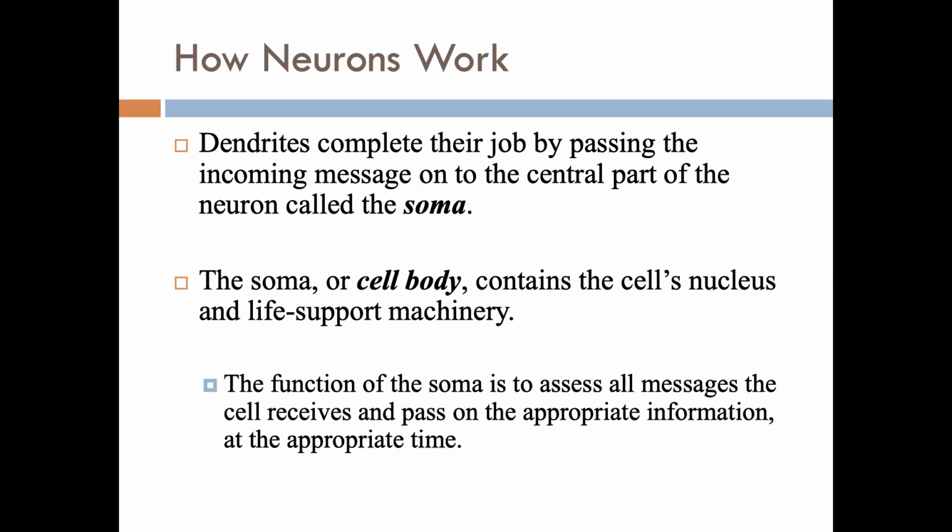So the soma, its main significance is that it protects the nucleus. And it protects what's really processing this information, whether or not to be fired. Okay, so the nucleus decides on that, obviously. The cell body is just protecting it. And where the axon's connected to, along with the dendrites.